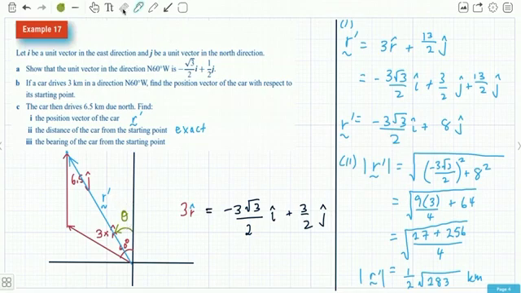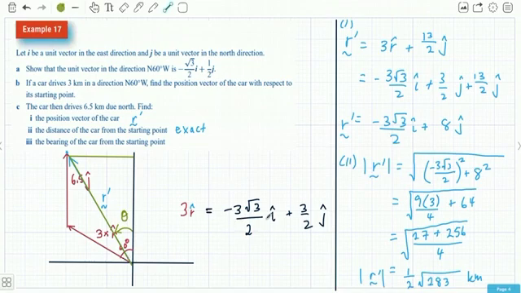So we know a few bits of information so far. We know this distance here, the blue distance. We also know this distance here across the top. So what I'm doing here is I'm forming a triangle. That distance and that distance there. We know this distance because it's the distance across the bottom here.